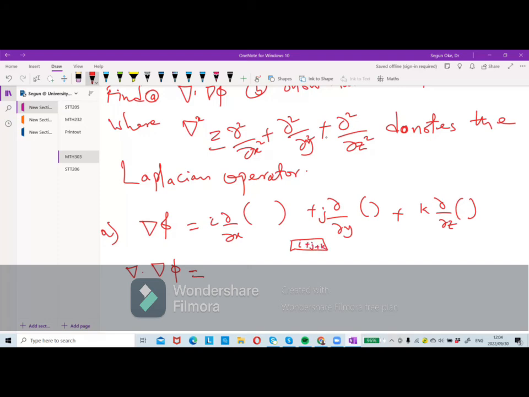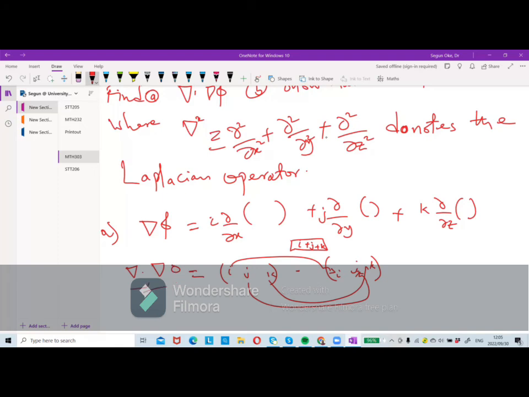Plus k. So by the time you are doing it, multiplying by everything, you will have i to i, j to j, you need to differentiate it, and k to k. So by the time you do that, you dot them.